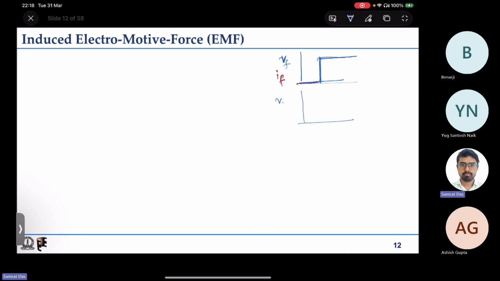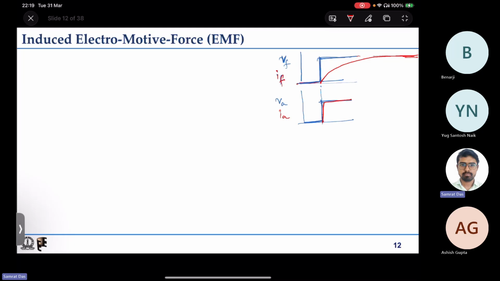Similarly, you have armature voltage and armature current. The armature voltage is initially 0, and at the same instant you give a step to it. Now if the time constants are very different, the field current may rise very slowly like this, but the armature current may rise like this. That is the relative difference.